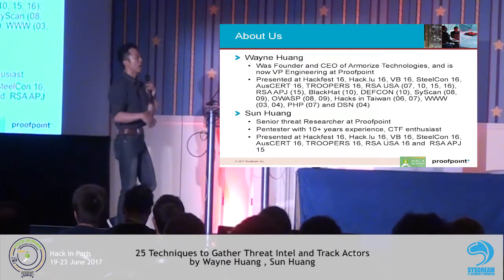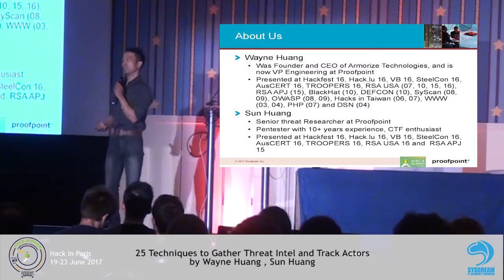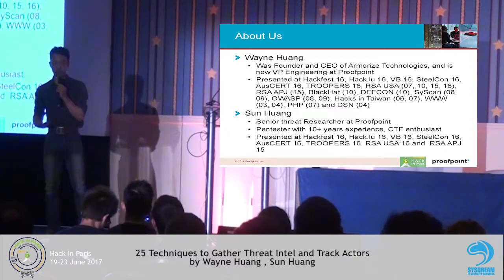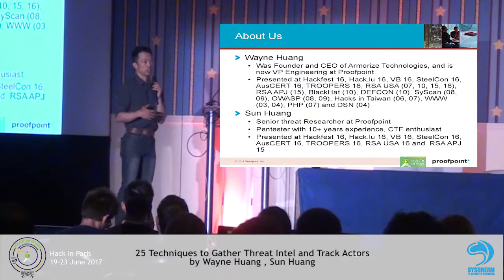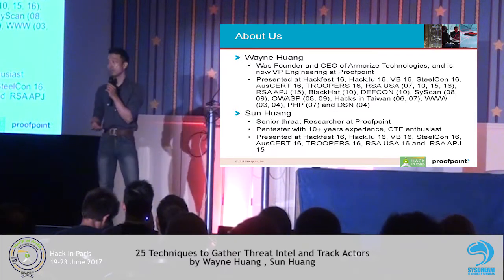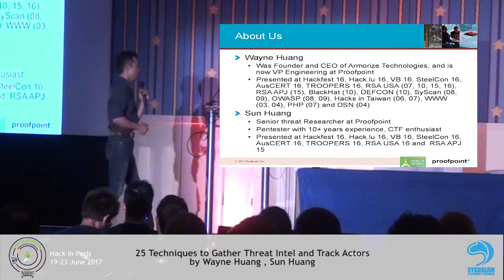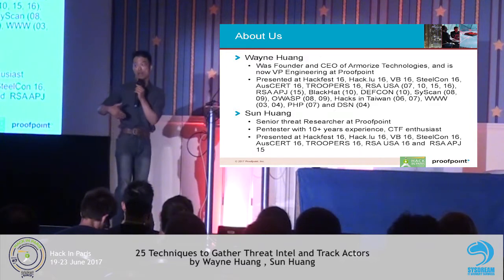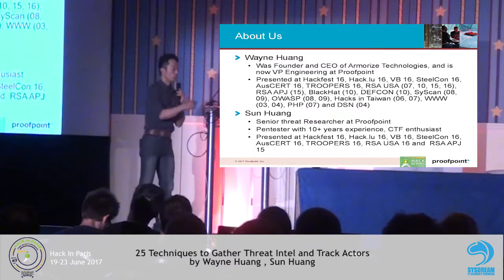So we started out as a vulnerability scanning company, and eventually we moved on to malware analysis and threat intelligence. Proofpoint, a public company in the Bay Area in the US, acquired us in 2013. As a part of Proofpoint's research, we've now carried our knowledge of vulnerabilities into Proofpoint's team to conduct this type of threat research.